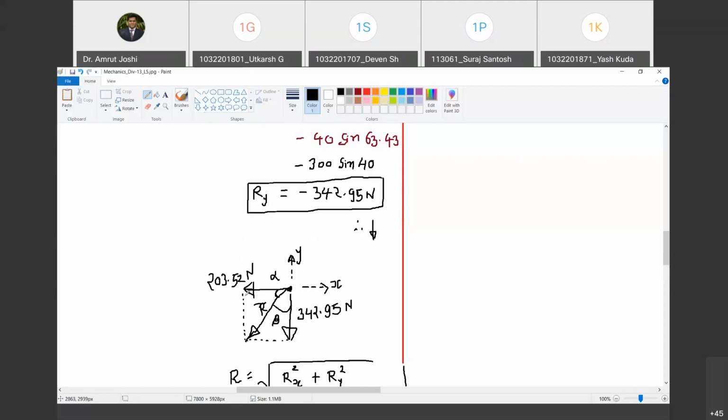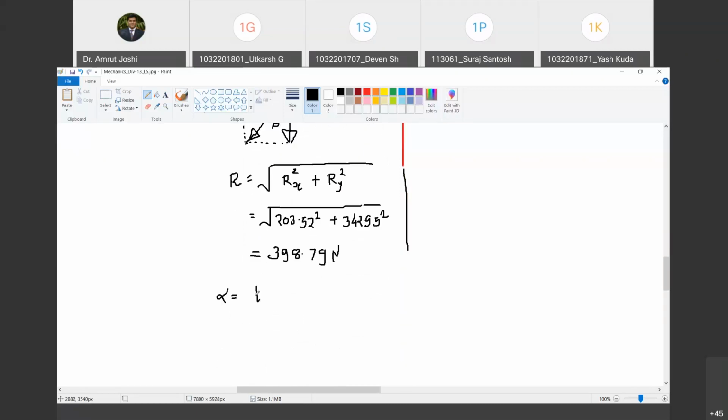So you can see in this right angle triangle, this is 342.95. Do you agree with me? Yes, sir. So it will be tan inverse of Ry upon Rx. Happy? Yes. This is the angle made with reference to which axis? X-axis.